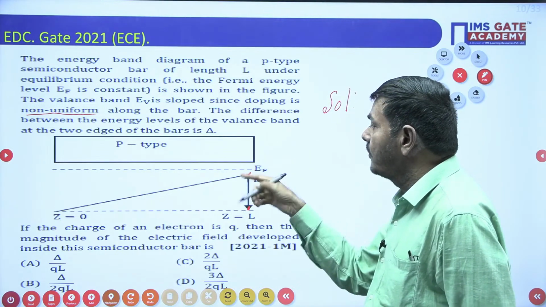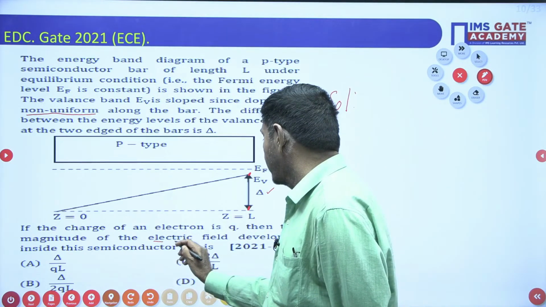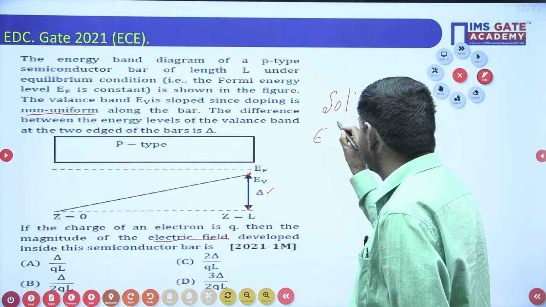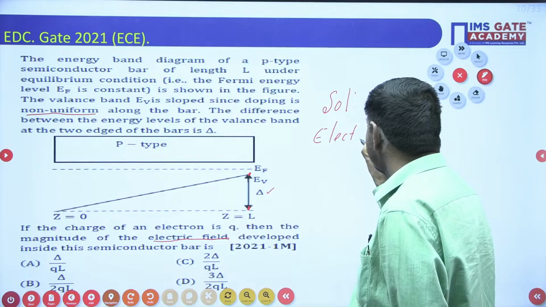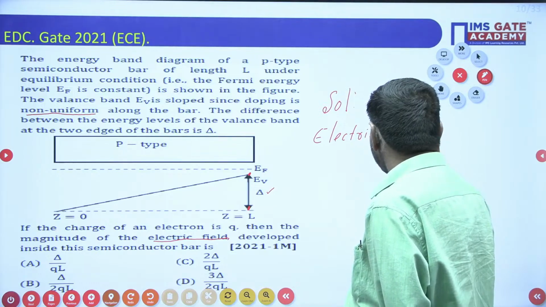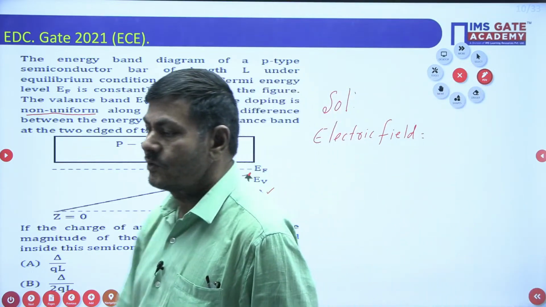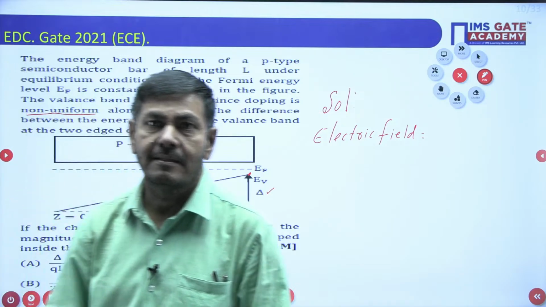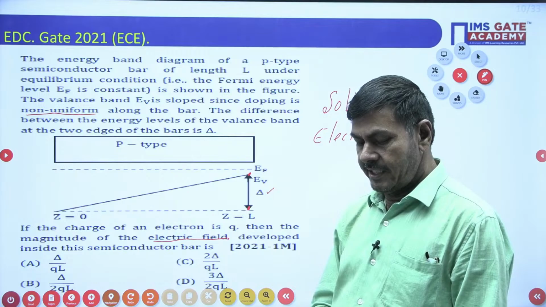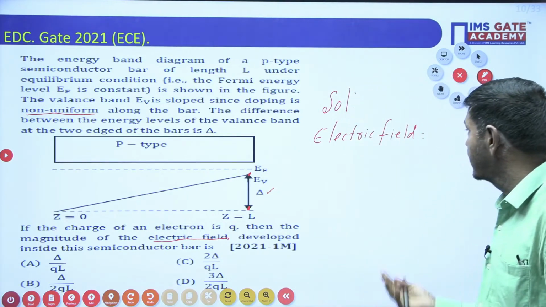It is non-uniformly doped. I want the electric field developed here. How can we determine the electric field? You know very well, voltage by distance can be taken as the electric field intensity.